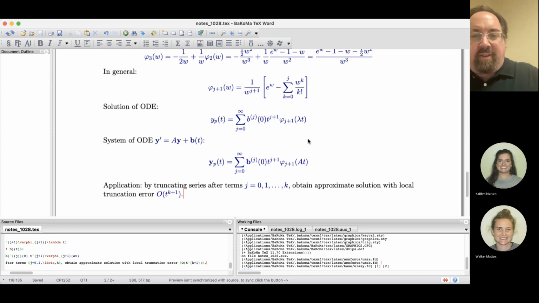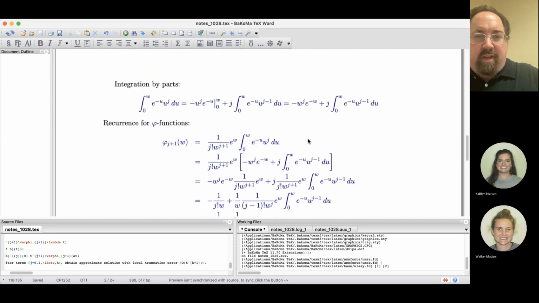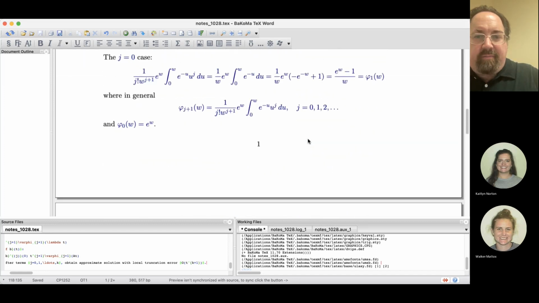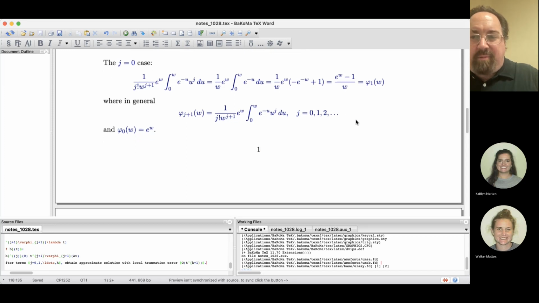Although, in the definition of a phi function, for instance with phi 1, you have e to the At minus identity, and then here we're dividing by A. We can't really divide by A. You'd be multiplying by A inverse. So there is an inversion that has to happen, unfortunately.